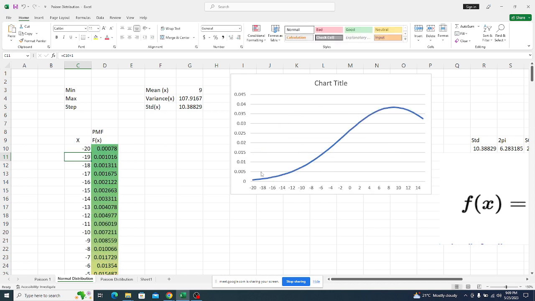Now you can see the distribution has been skewed. You can see this kind of skewness. Now it is skewed to the left. Why are we having a negative skewness? Because you can see the tail is long to the right.